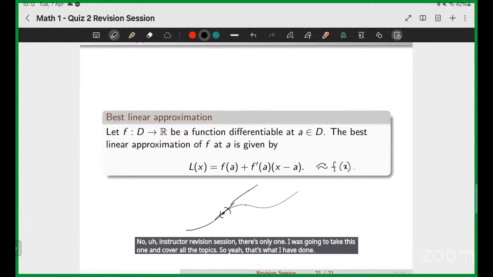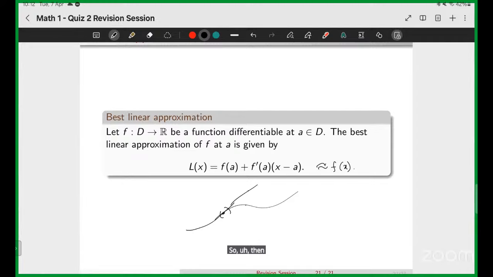Okay, thank you. Sir, then I have some doubts related to asymptote. Are these terms discussed in the course? Sir, horizontal and vertical asymptote were in the syllabus.